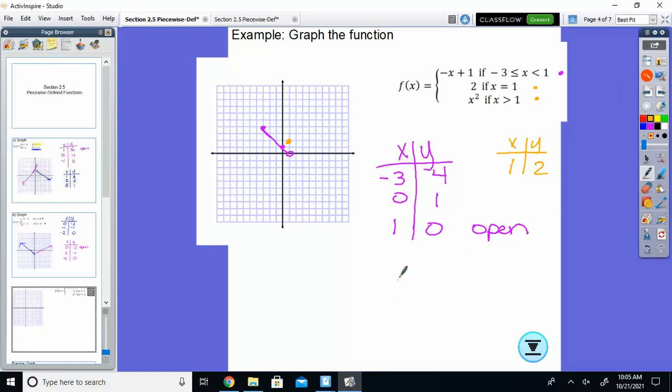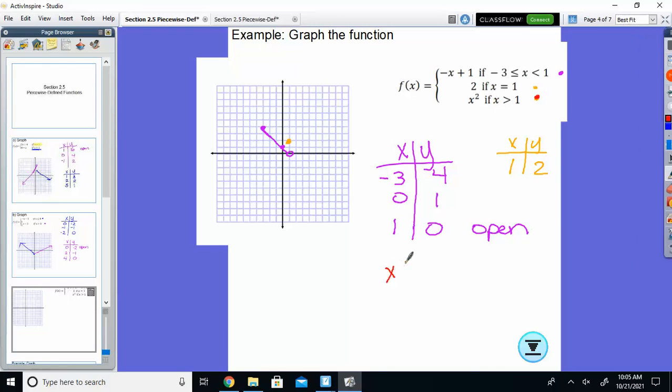Then my third piece is for x greater than 1. So we still have to plug in the 1 to get us started, but what kind of circle will that be? Open. And then we need things larger than that, so maybe a 2 and a 3. So if I put in 1, 1 squared is 1. Put in a 2, 2 squared is 4.